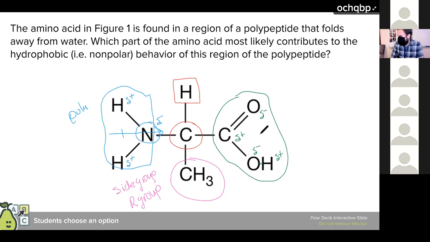So in a case like this, I have a net dipole pointing, again two-dimensionally, in this direction, but this functional group is also polar. Okay? It's a difference in charge spread out across the molecule. These bonds are all polar covalent. Electrons are not being shared equally between the atoms.